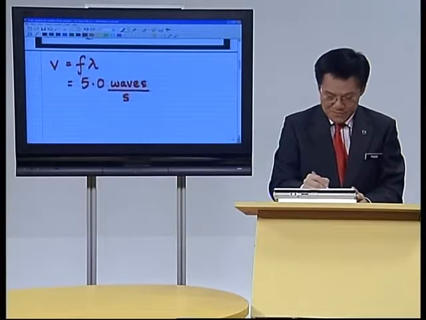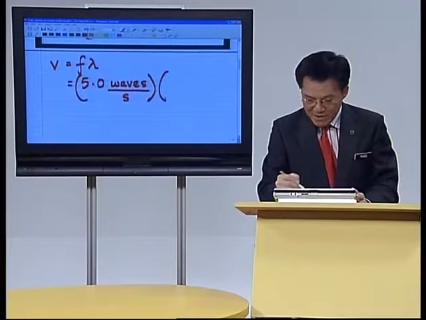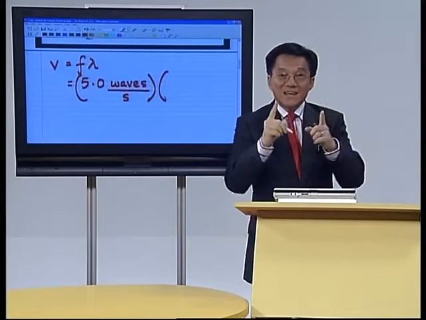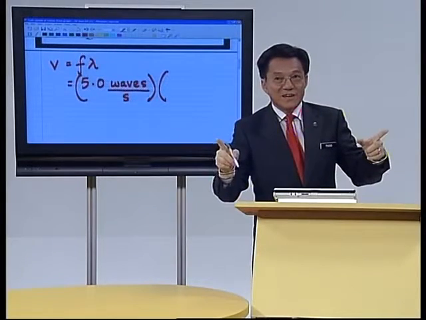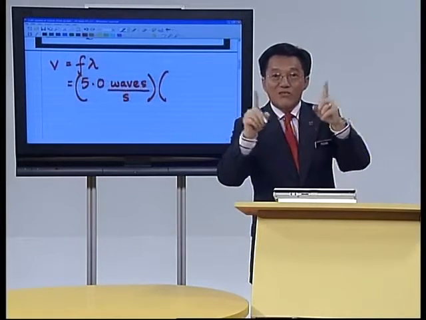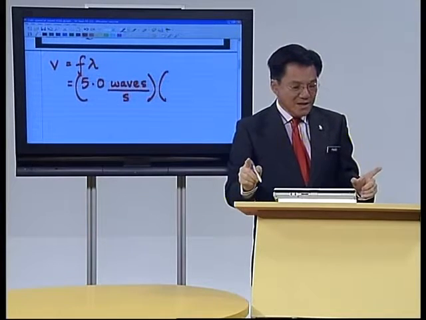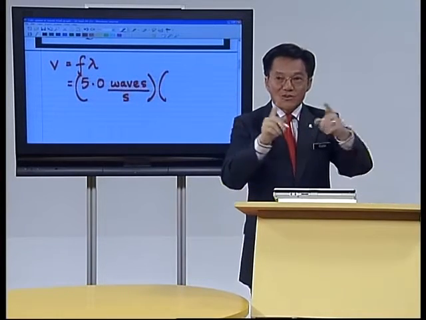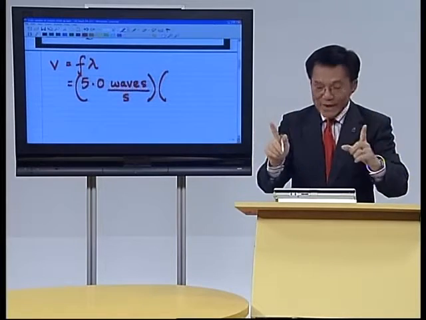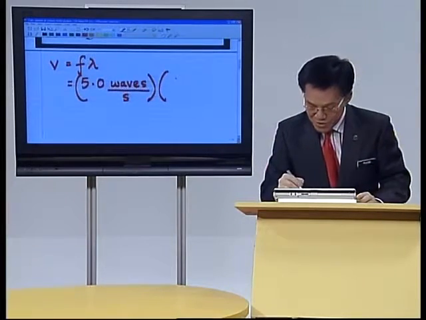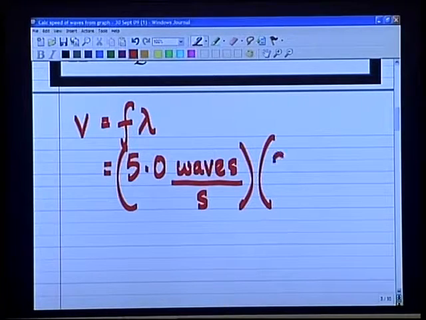So far, so good? Now, what is lambda? Lambda is the wavelength. In other words, it is the length of one wave. And the wavelength is 20 centimeter. So, I would like to write down 20 centimeter per wave.